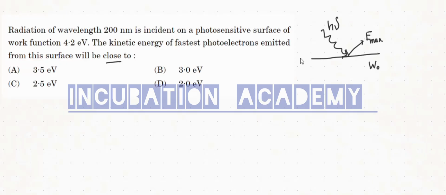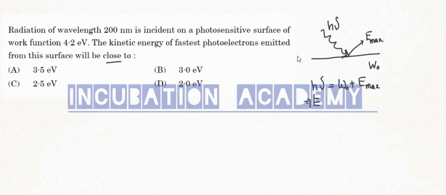In the form that Einstein gave, h nu, the energy of the photon, equals W naught plus E max. Here we have to find E max, the maximum kinetic energy of the photoelectron.